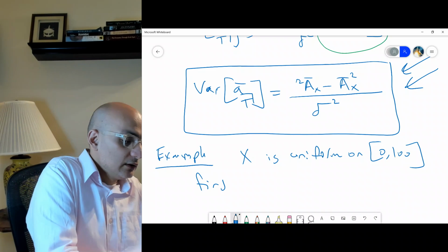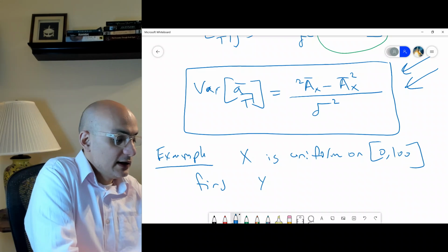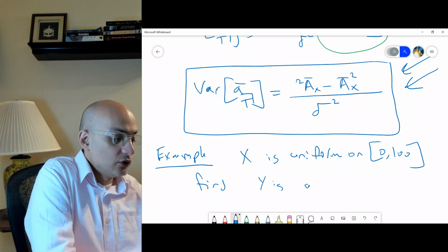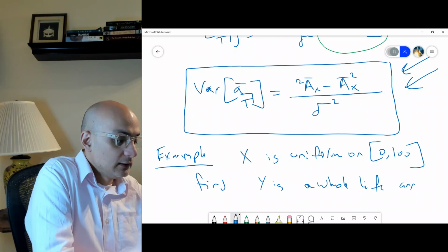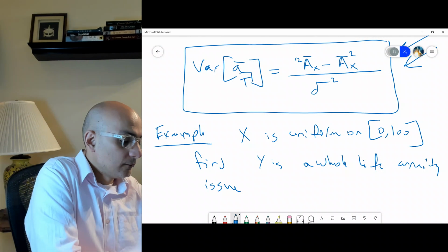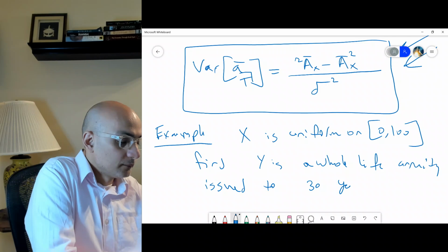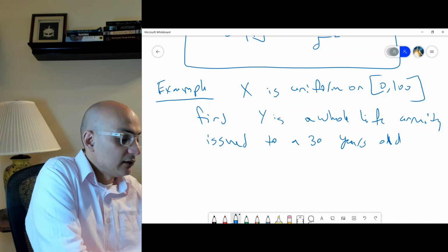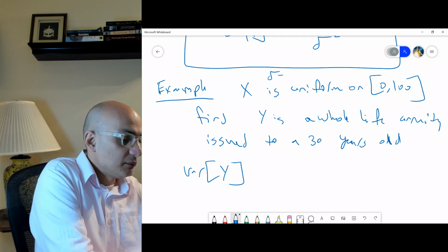Usually the question will say Y is a whole life annuity issued to 30 years old. So now we need to find the variance of Y. We need delta. Let's keep delta 5%.